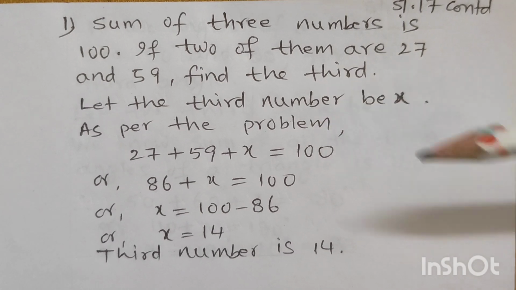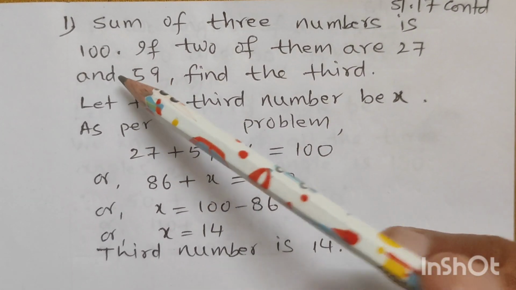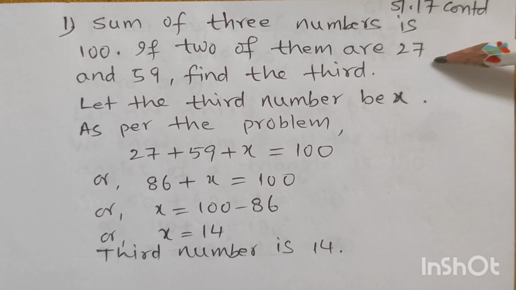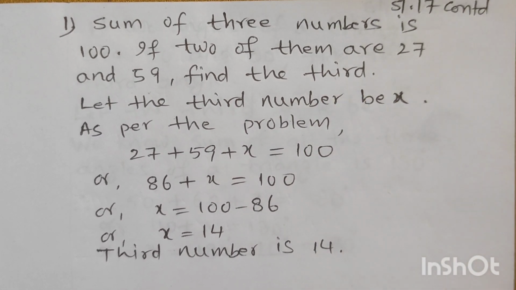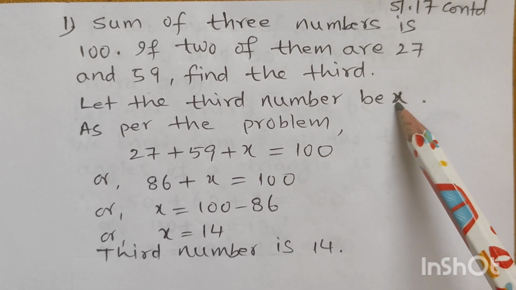Please go through the first sum. Sum of three numbers is 100. If two of them are 27 and 59, find the third. What we do is that we say let the third number be x.